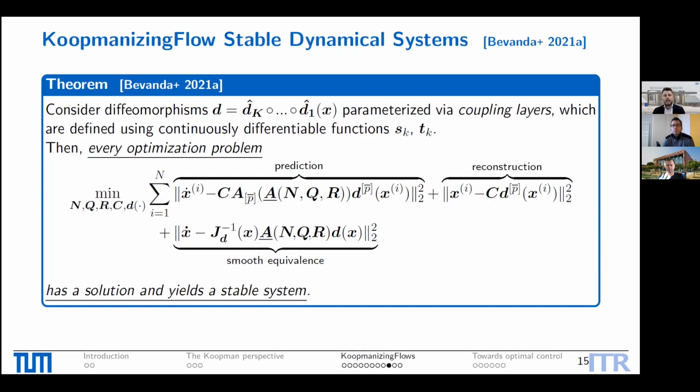Even if we have only a few data points, because we have a Hurwitz A and because we have a diffeomorphic map D, we always end up with a stable system. The optimization minimizes how close we are to explaining the data, but it's always a stable system, which allows for safe learning or safe optimization of our model.